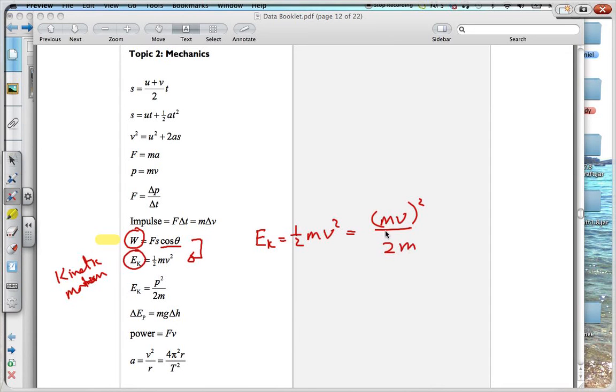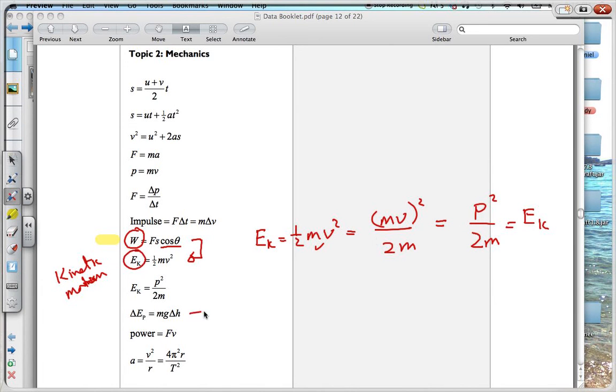Can you see that these two things are equivalent? Because I've got m squared and I divide by m, I get m, and dividing by 2 is the same as multiplying by half. And this mv is your momentum, so it's p squared over 2m. Quite often we look at the kinetic energy in this form, the square of your momentum divided by 2 times the mass.